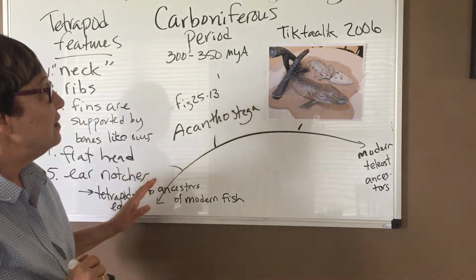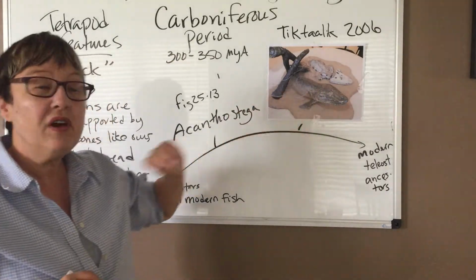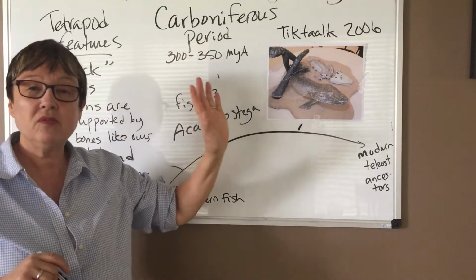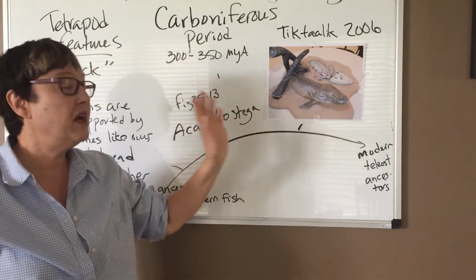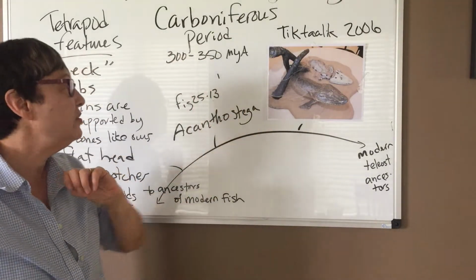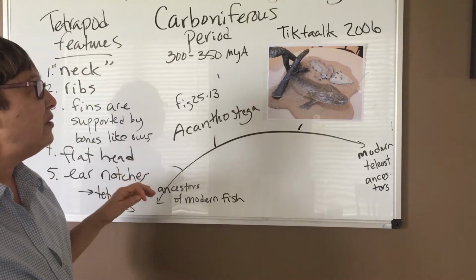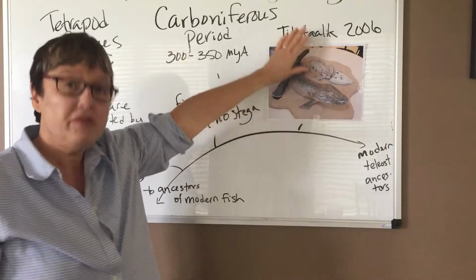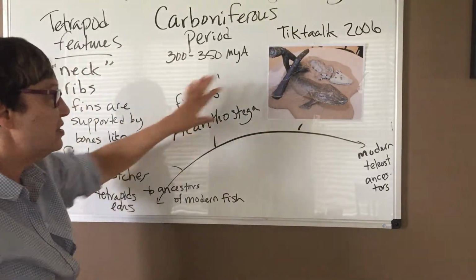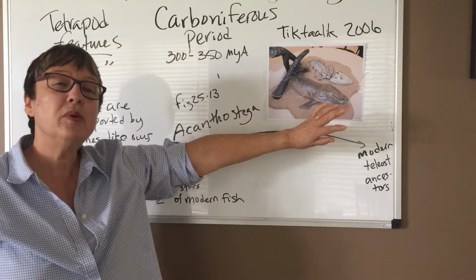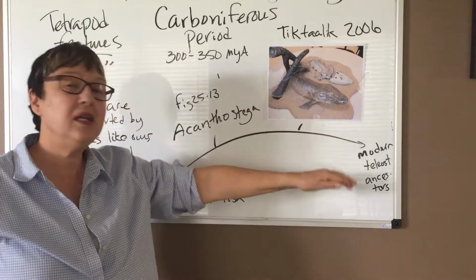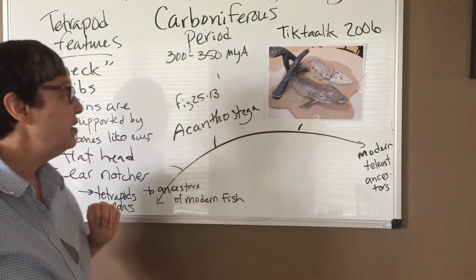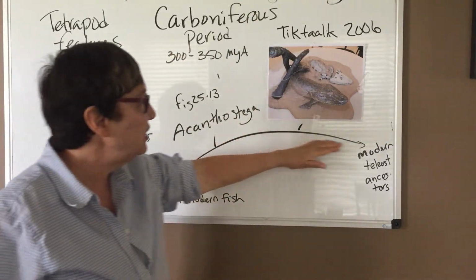So this is a very interesting fossil. There's undoubtedly more that will be found in the future. I want to point out, however, that this is an offshoot. All of these fossils that we've been finding appear to be offshoots from the main evolutionary line. So that's what I've illustrated here.